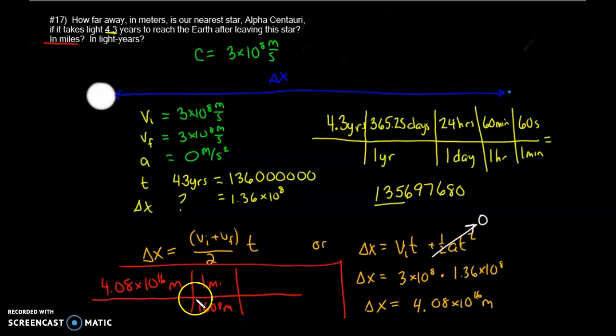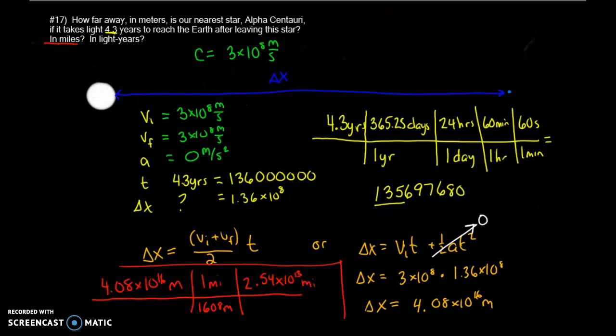And the reason I know this, track and field, 4 laps around the 400-meter track is the mile race, a little short. But even if you rounded this to 1,600 meters in a mile, you're going to get the same ballpark answer because we're dealing with such an astronomically huge distance. So here, I do 4.08 times 10 to the 16th times 1, and then divide that by 1,608 meters, and I get 2.54 times 10 to the 13th miles.